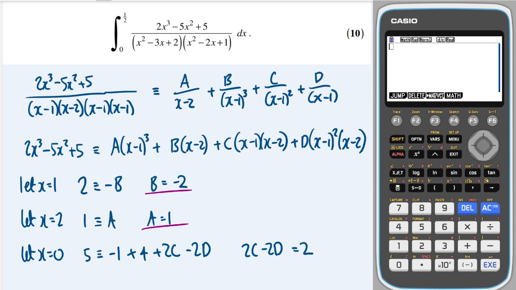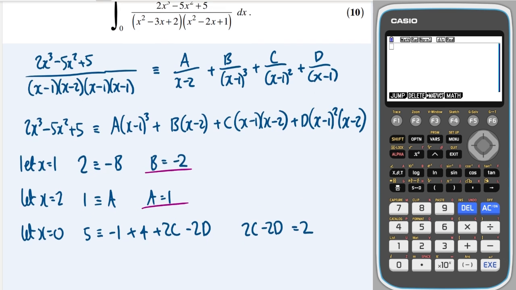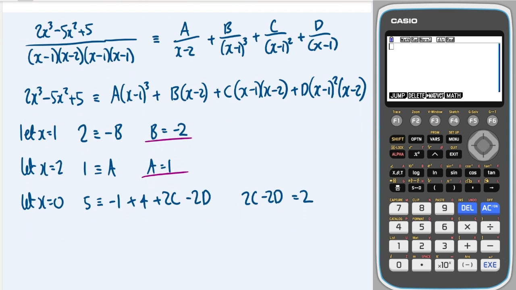Okay, so because we've still got 2 unknowns, we're going to need to do another one. So let's just go for x is equal to 3. I think that might be the best option. I'm going to have to sub that in up here, and we're going to get 2754 minus, so that's a total of 14.